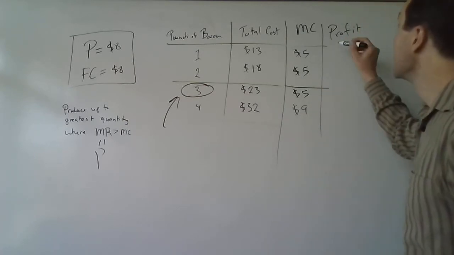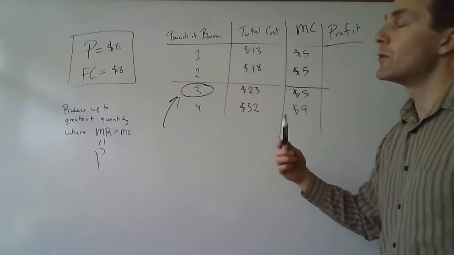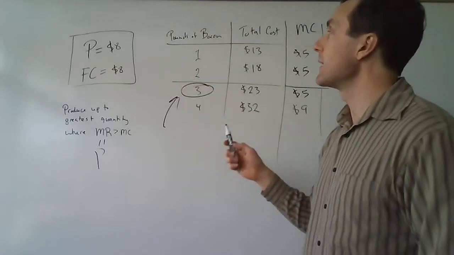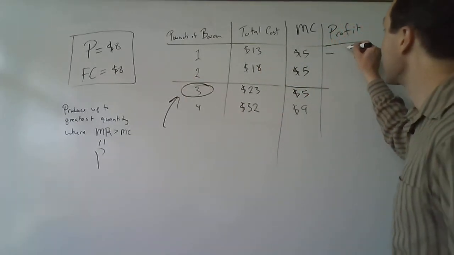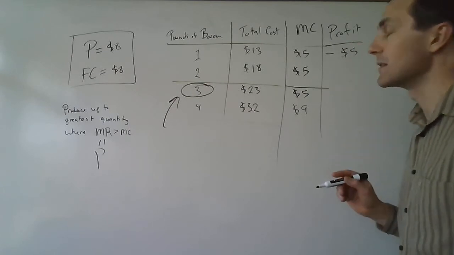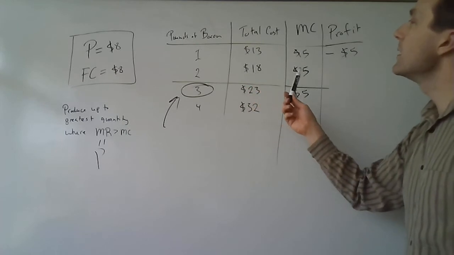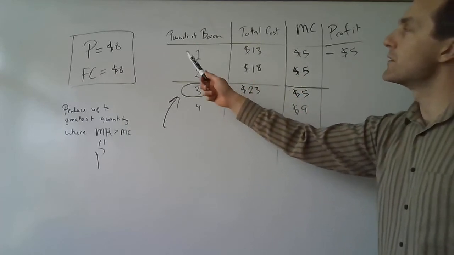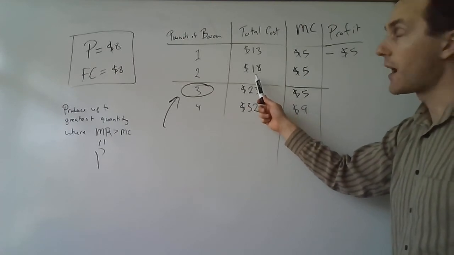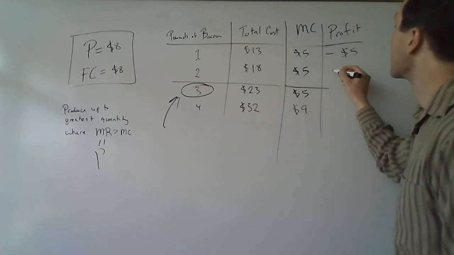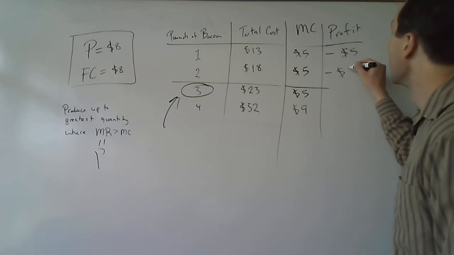So the profit when you produce 1: your revenue will be 1 times 8, and then subtract off the $13 of total cost. So the profit would actually be negative $5. We'd be losing a little bit of money. At a quantity of 2, the revenue would be 2 times 8, which would be 16, and then you subtract off the total cost of 18, so the profit would increase to negative $2.